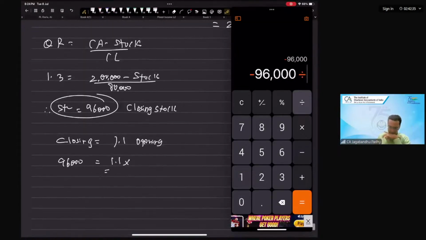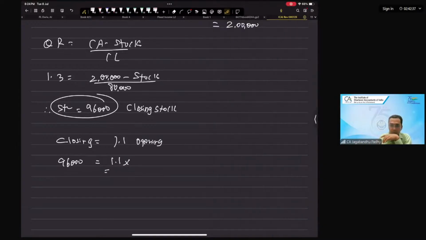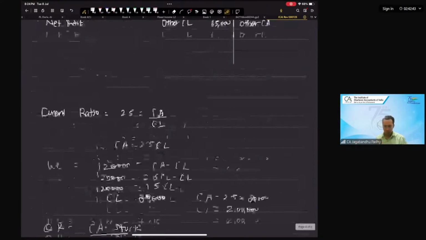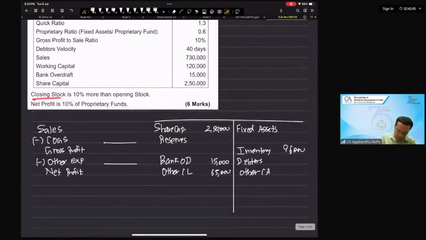So closing is going to be 10% more than opening. The question is saying that closing stock is 10% more than opening stock, right?